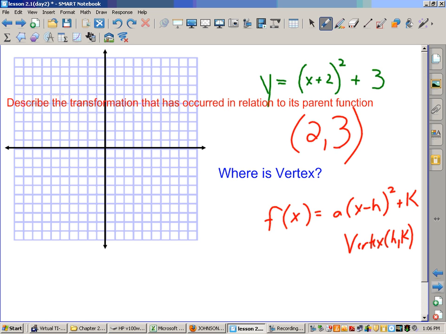But you have to set that x plus 2 equal to 0, and this actually moves it left 2. So that should have been negative 2, telling me that this part right here was translated up 3, but that right there is moving left 2. So translated up 3 and to the left 2.